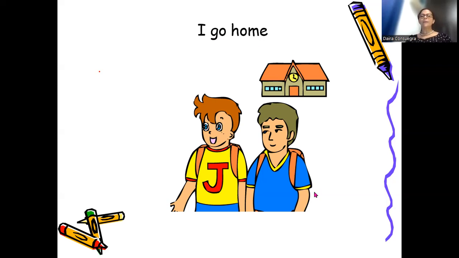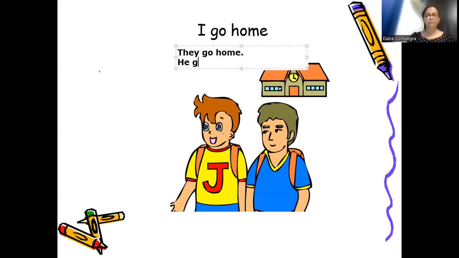But what happens if I'm talking about ellos? Ellos van a casa. Okay, the same. I say, okay, the subject is ellos. They go home. Okay? But what happens if I'm talking about this person, this guy? Solamente él, okay?